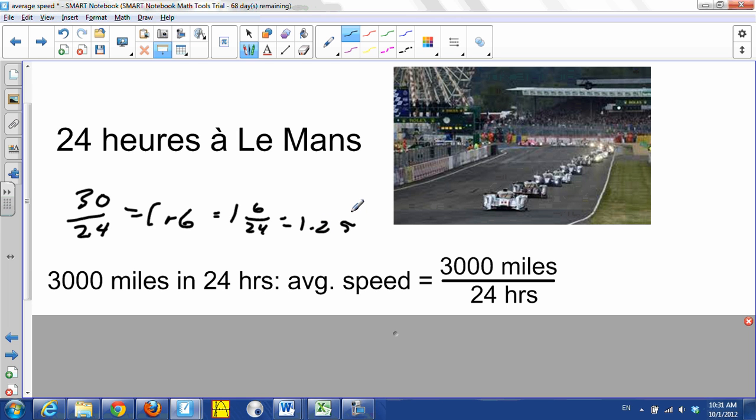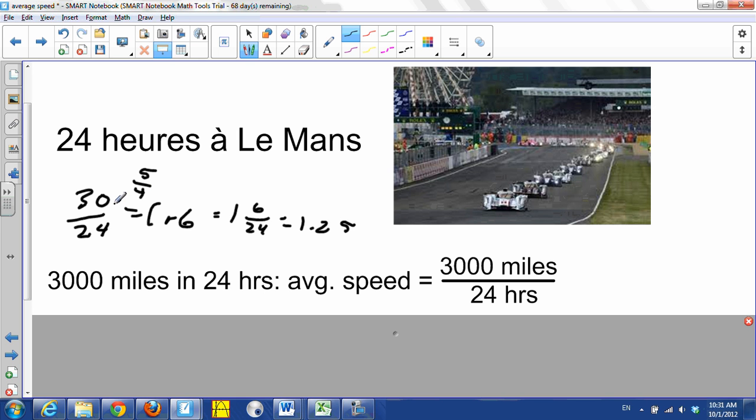30 24ths is 1.25. I could have also gone from the perspective of 30 24ths would reduce to 5/4. And if you have 5 quarters, 5/4, a quarter is a fourth of a dollar, 5 quarters is $1.25.